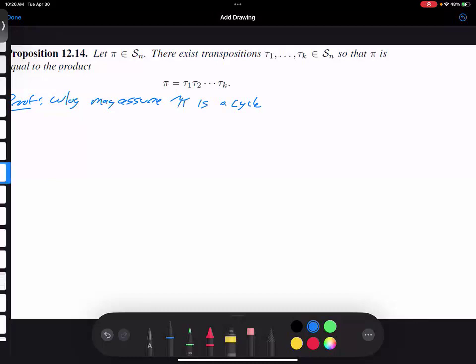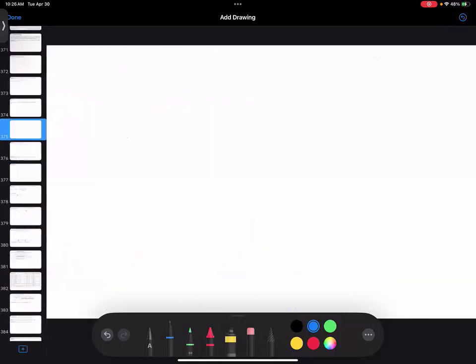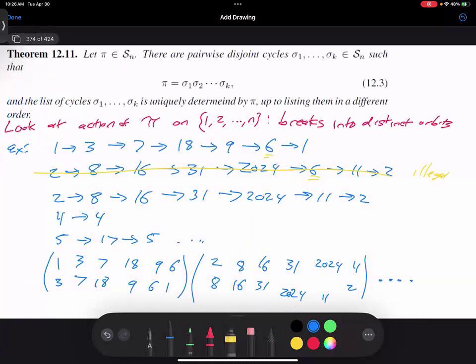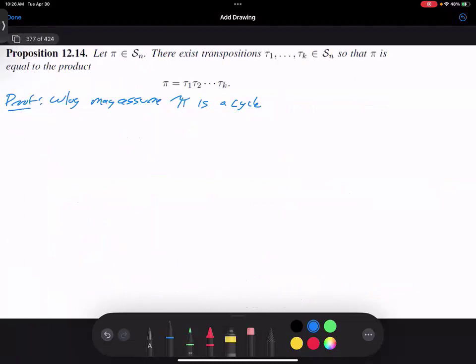Yeah, we just proved a moment ago that every permutation can be written as a product of cycles. And so if I can prove that one cycle can be decomposed into a product of transpositions, then I can do this for each one of them. So it's enough to assume that I have a cycle.